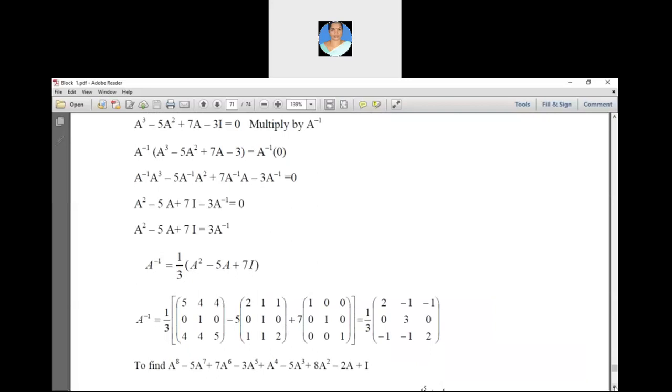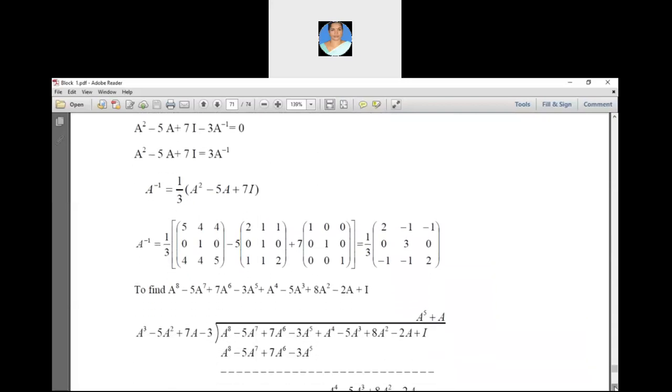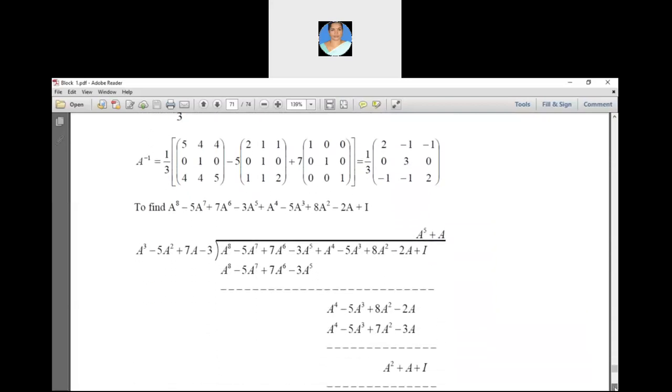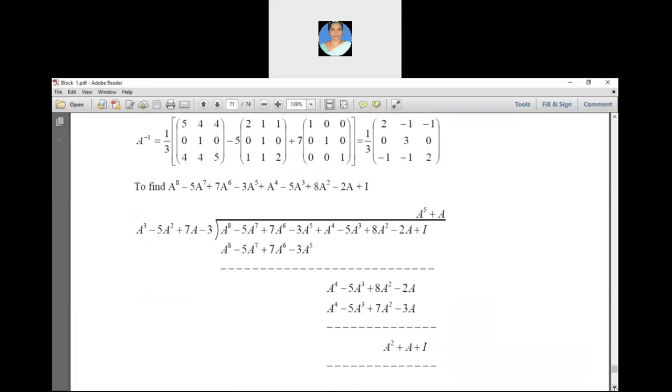the final one. To find A power of 8 minus 5A power of 7 plus 7A power of 6 minus 3A power of 5 plus A power of 4 minus 5A power of 3 plus 8A square minus 2A plus I. Okay, so we know the Cayley-Hamilton equation: A cube minus 5A square plus 7A minus 3I.